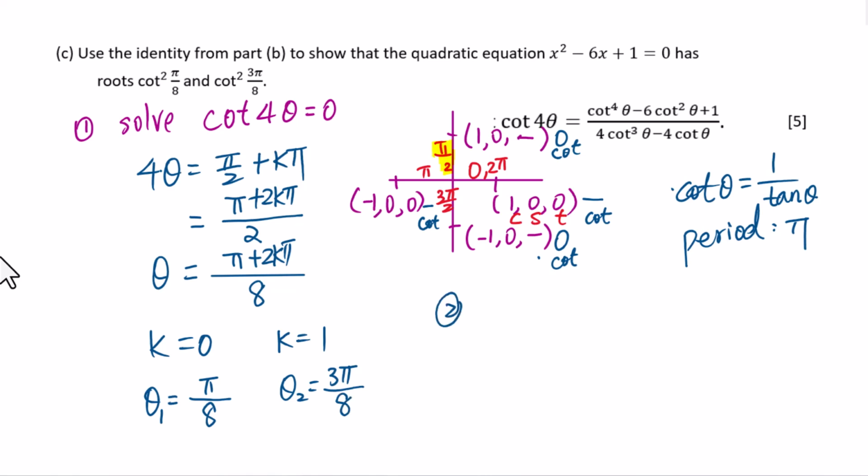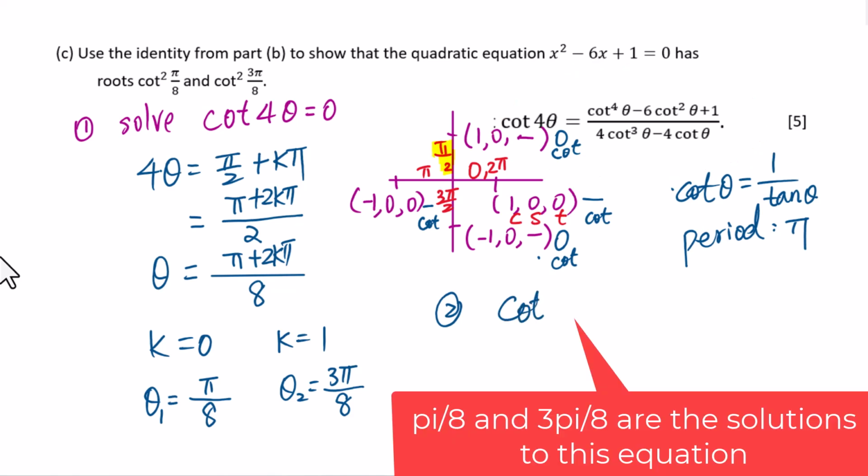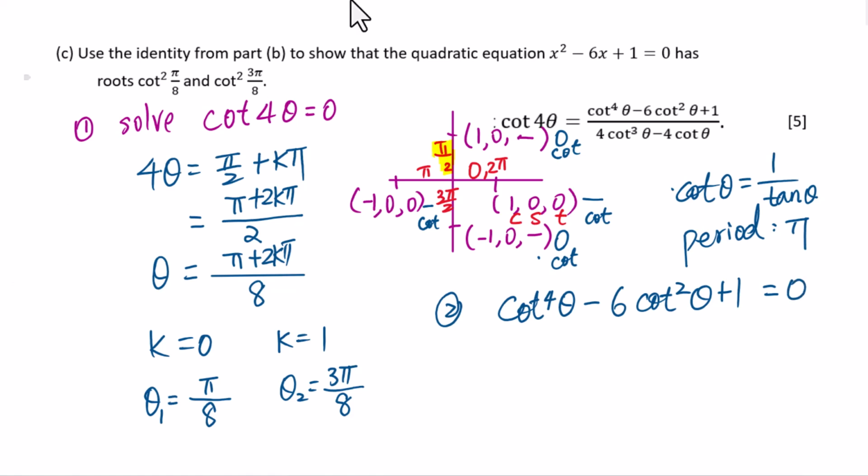Second step, since cotangent 4 theta equals this, we will make the numerator equal 0. Cotangent 4 theta minus 6 cotangent squared theta plus 1 equals 0. Let's go back and check.